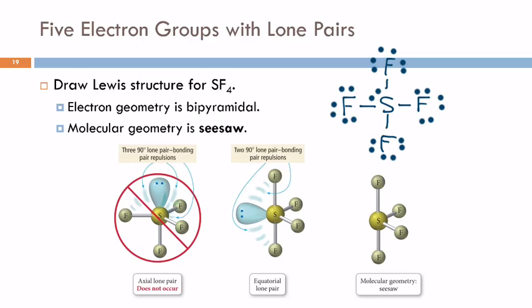And we end up needing to put a lone pair on the sulfur because that will give us formal charges of 0. We look at this Lewis structure, we see 4 bonds and a lone pair, 5 groups. 5 groups make that the bipyramidal or trigonal bipyramidal structure.